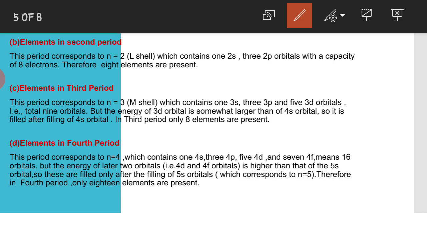Elements in second period. This period corresponds to n equal to 2, which means L shell, which contains 1 2s orbital and 3 2p orbitals, with a capacity of 8 electrons. Therefore, 8 elements are present in the second period.